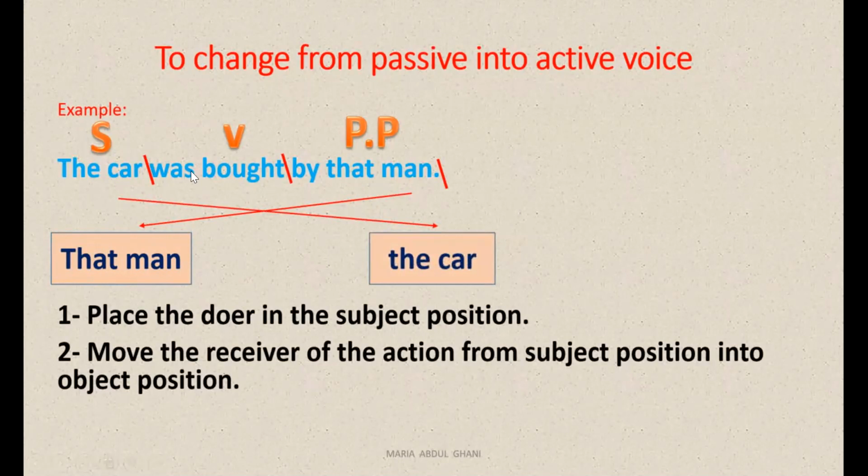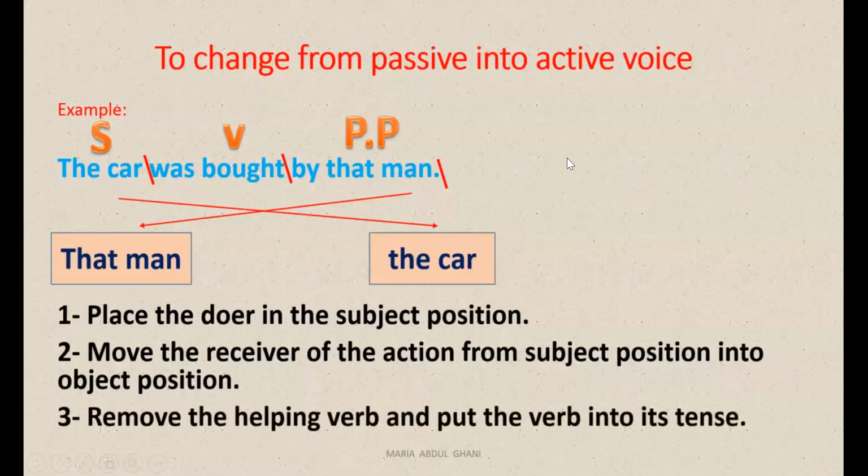Number 3, the verb is was bought. First of all, when we say was bought, what tense is it? Is it present or past or whatever? Tell me, what tense is it? Don't answer without permission. What tense is it?